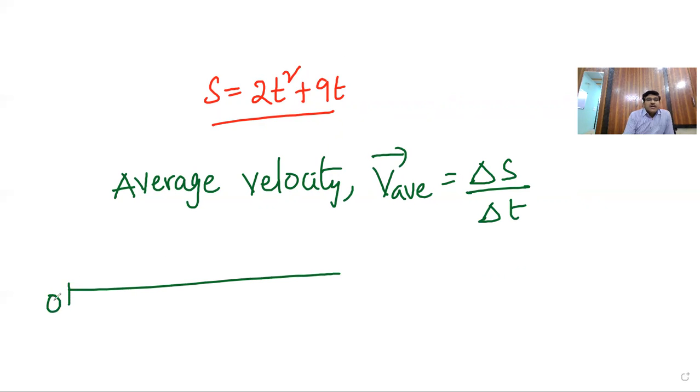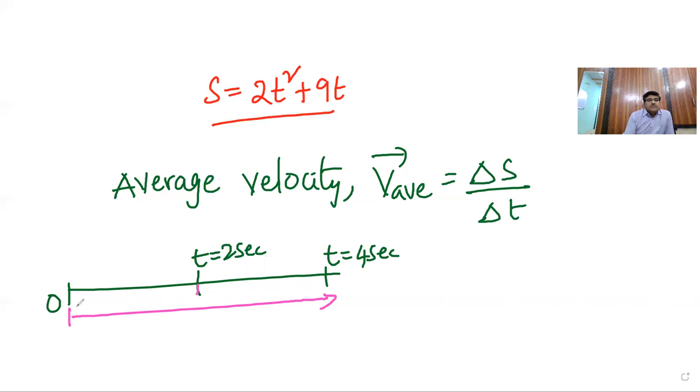If the origin is the starting of the journey, let us say t is equal to 2 seconds at one point and t is equal to 4 seconds at another. This point I name A and this point I name B. Origin up to B is t is equal to 4 seconds.